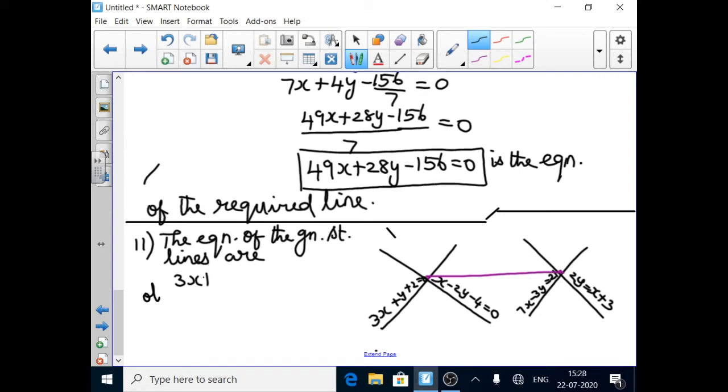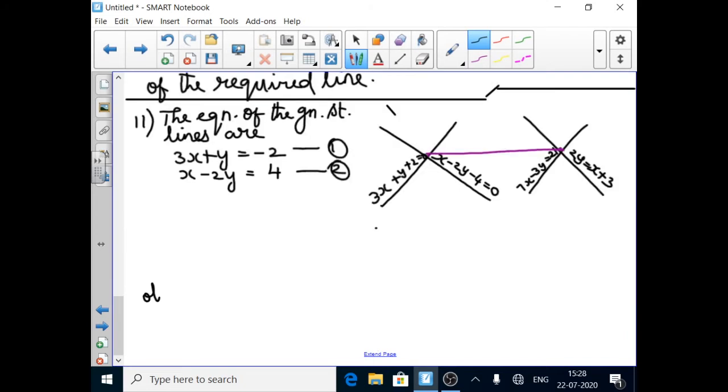Bring the constant term to the right hand side. Arrange the terms like that. Next, x minus 2y. Bring the constant term to the right hand side. It is 4. 3x plus y equal to minus 2. x minus 2y is equal to 4. Take it as the first equation, and this one the second equation.